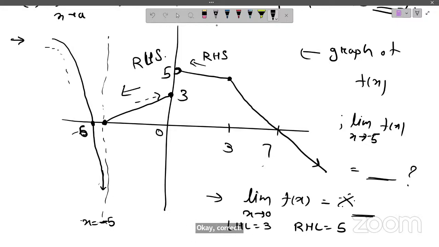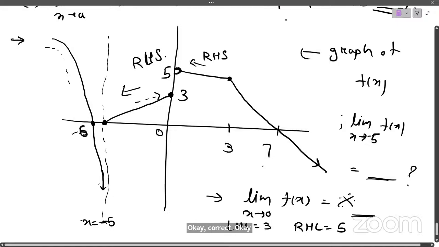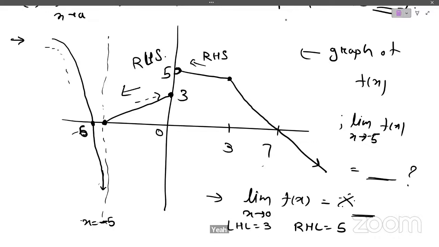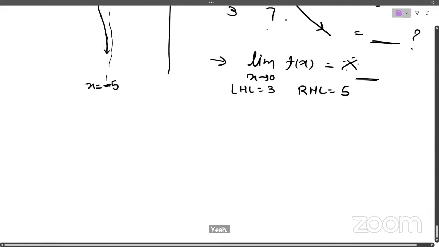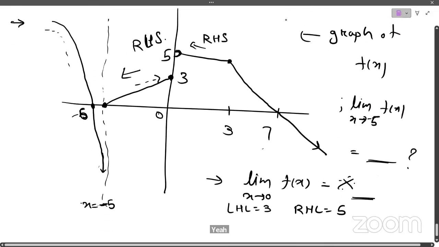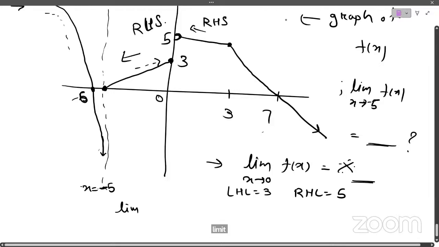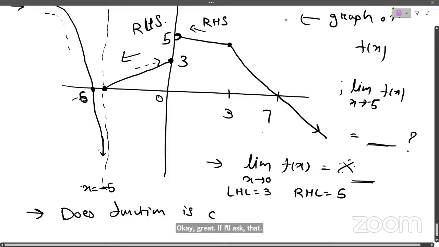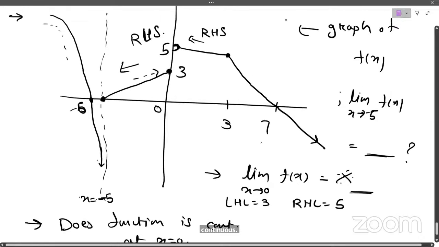So this type of question you are able to solve now. Correct? Okay. Suppose in a similar question I ask, is the function continuous at x is equal to 0, what will be your answer?